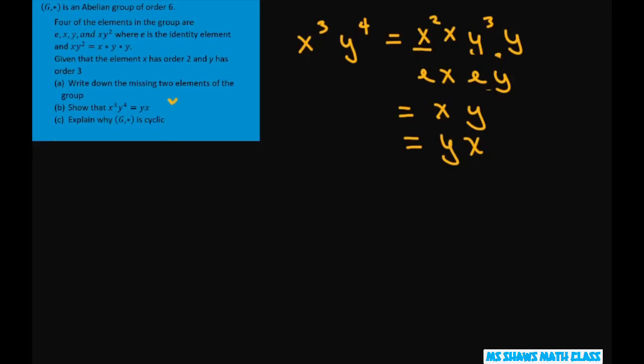And C, we want to explain why our group is cyclic. So what we have to look at is this order 6.